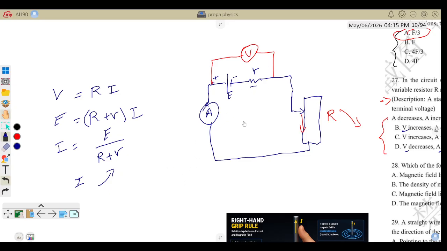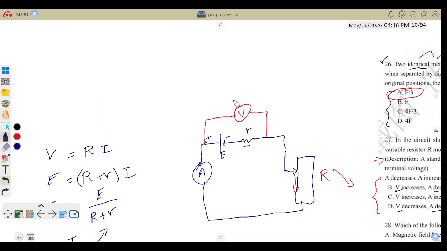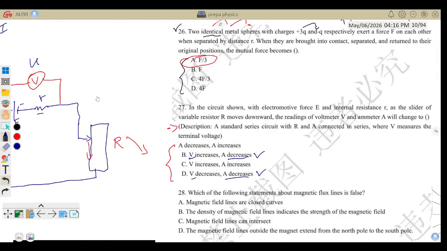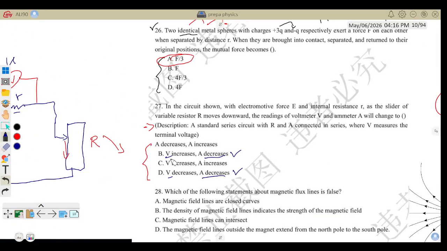Let's denote it as U. U would be equal to the electromotive force minus the drop of tension, minus Ri. We said previously that I is increasing, but once we subtract something that's increasing, U decreases. So U will decrease, or V will decrease. That means finally D is the correct one here.